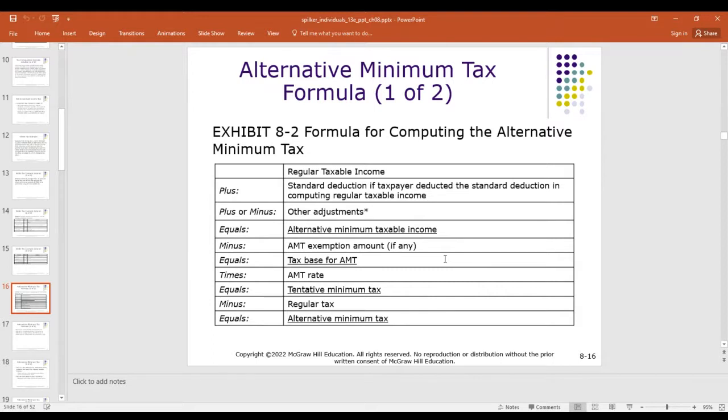Depending on how much that is will depend on how we calculate the actual tax. And this is on page 8-12. The first $199,900 of AMT tax base is taxed at 26%, and any amounts above that are taxed at 28%.